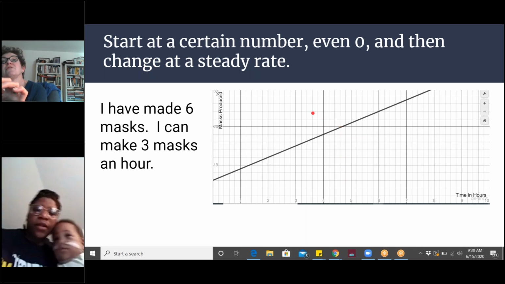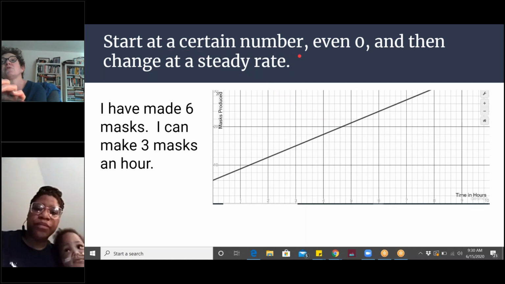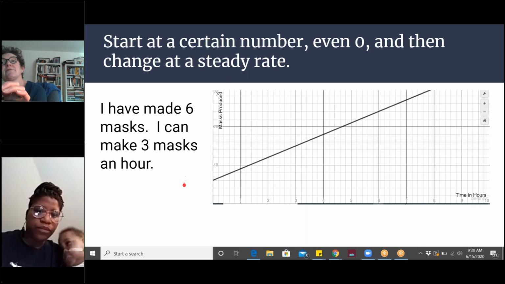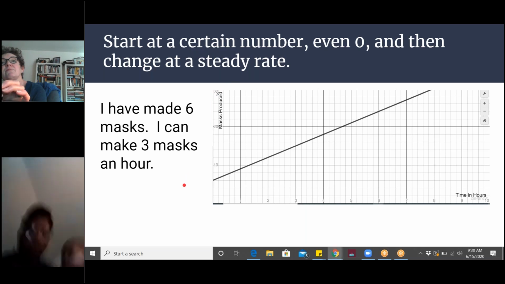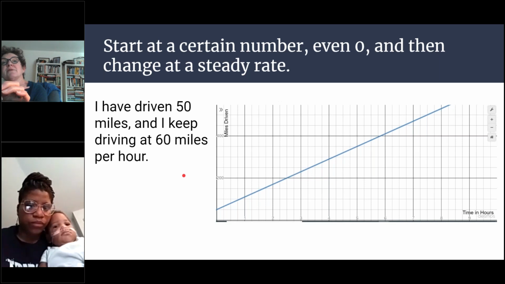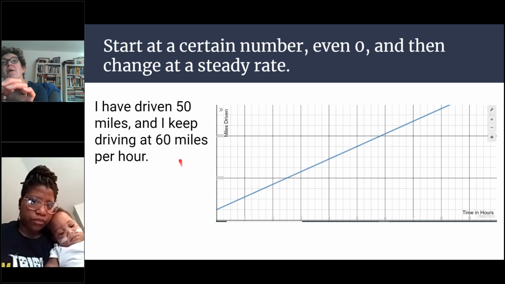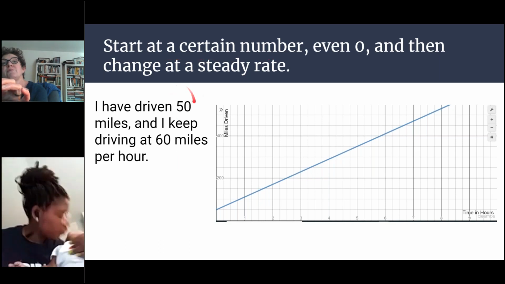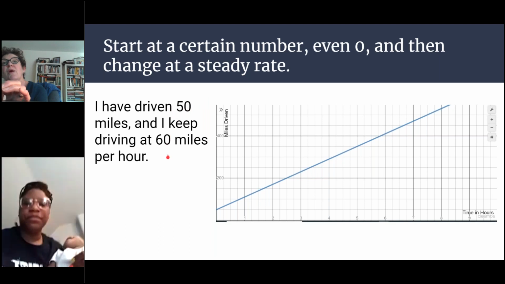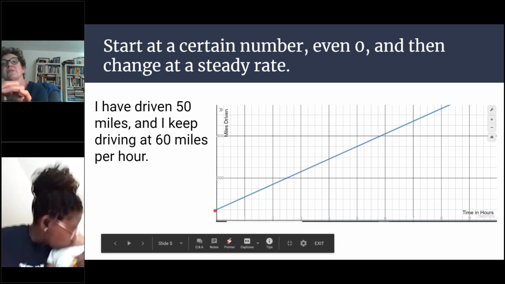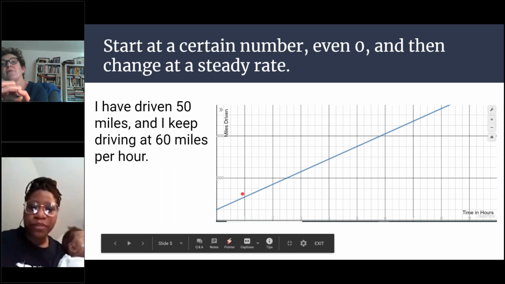Okay, so this is what it's telling me. I'm starting at a certain number, and then I'm going to change at a steady rate. I have driven 50 miles, and I keep driving at 60 miles per hour. I'm going to start at a certain number, 50 miles, and keep driving at a steady rate. So 60 miles every hour.